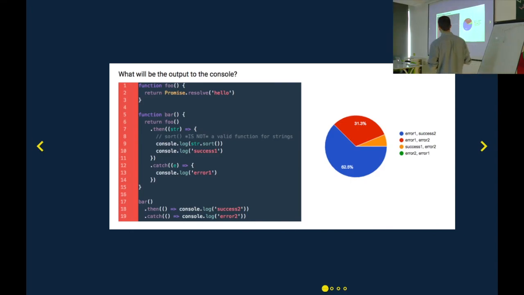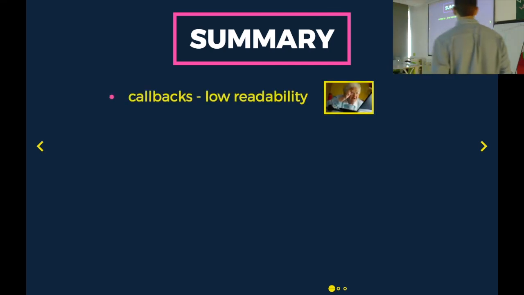All right. Okay, I think this is what we have. So to summarize what we've seen here in this roadmap, we've seen that callbacks are nice, but they have a problem of low readability when you try to write long chains and handle errors.